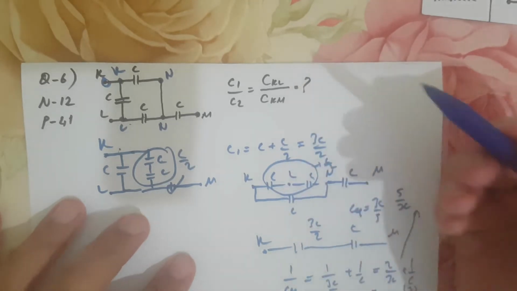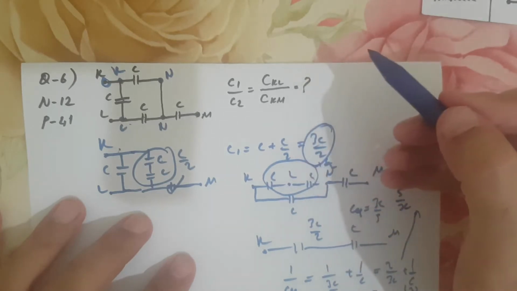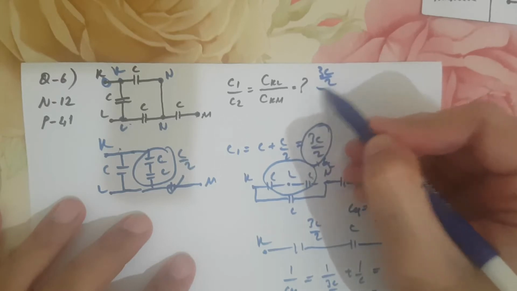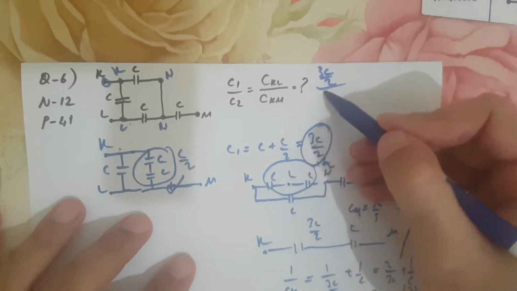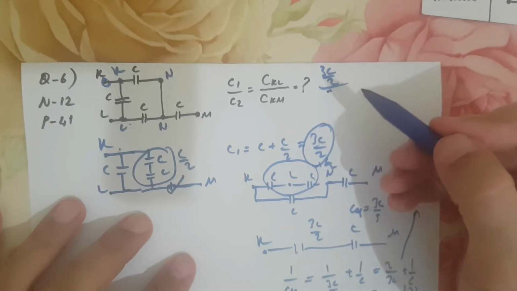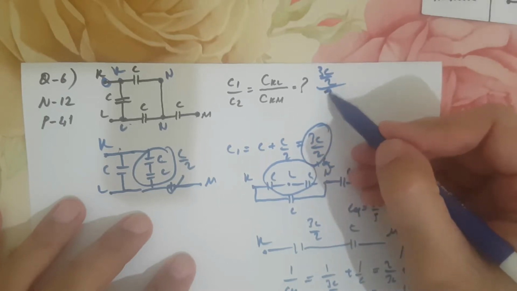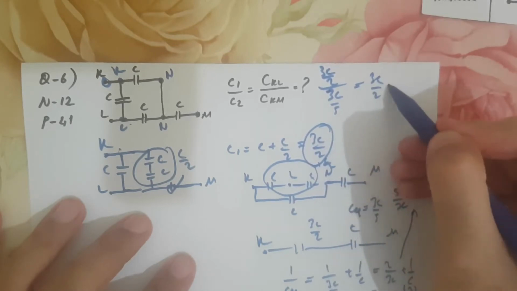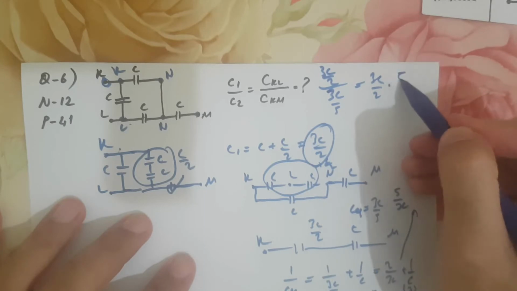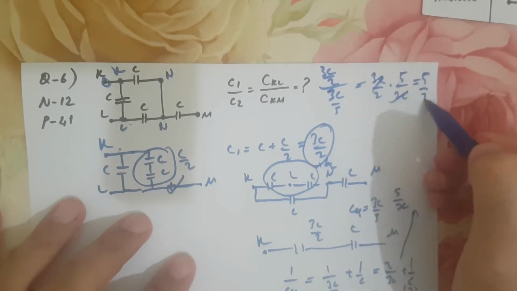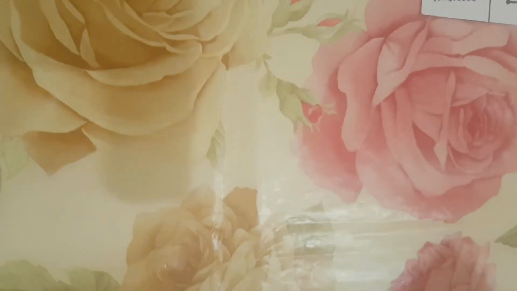When you write CKL, we found for the first one 3C over 2, and then the next one is 3C over 5. So 3C over 2 times 5 over 3C becomes 5 over 2. Okay, let's look at the next question.